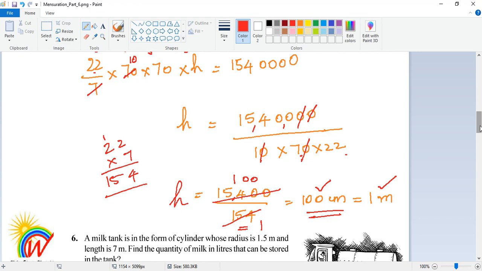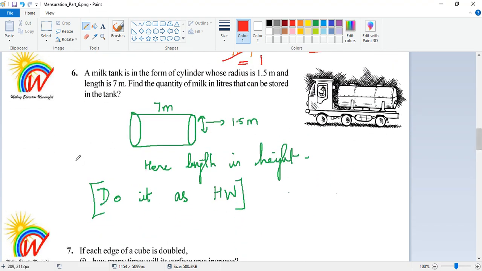Now come to the next question. A milk tank is in the form of a cylinder whose radius is 1.5. The cylinder is not standing, it's actually in a sleeping horizontal position. The radius is given as 1.5, so that's so easy. R is 1.5 meter and length is 7 meters.